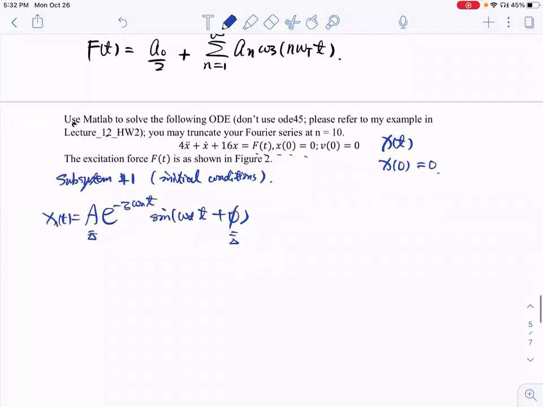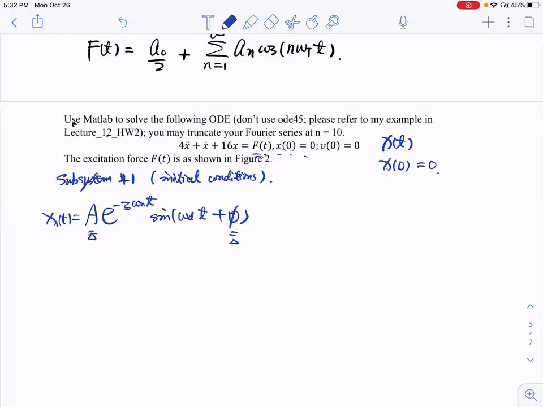So you have to solve all these subsystems first, and then plug time equal to 0 back into the equation. And then in the end, you can solve A and phi. It's very different from the equation of question number 1. That might not be really clear, but hopefully you understand.